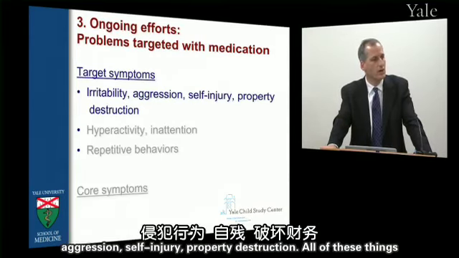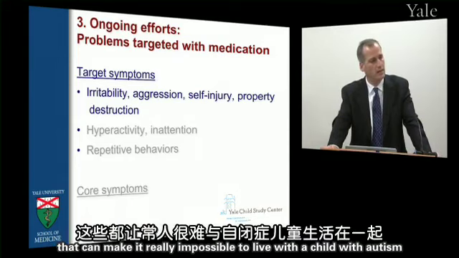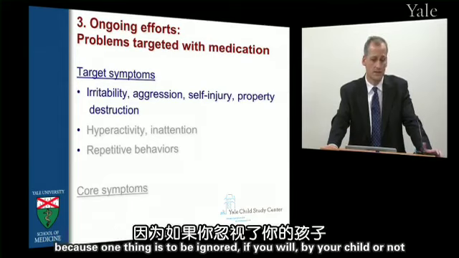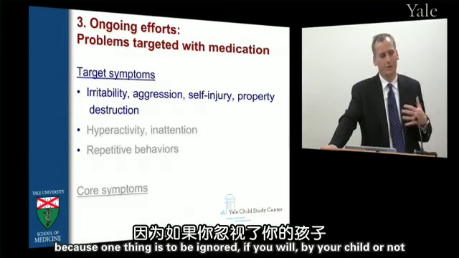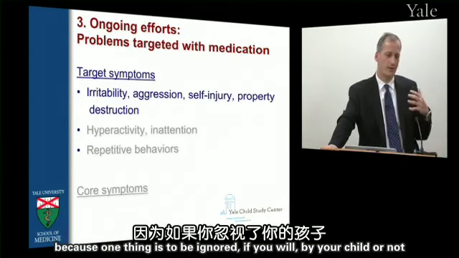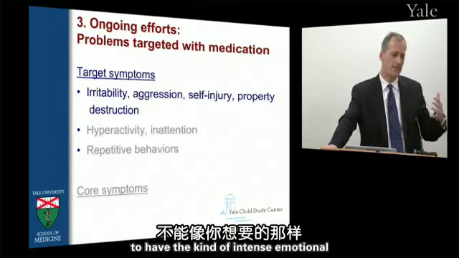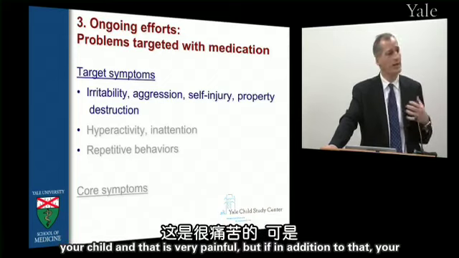All of these things can make it really impossible to live with a child with autism, because one thing is to be ignored, if you will, by your child, or not to have the kind of intense emotional contact that you would like with a child, and that is very painful.